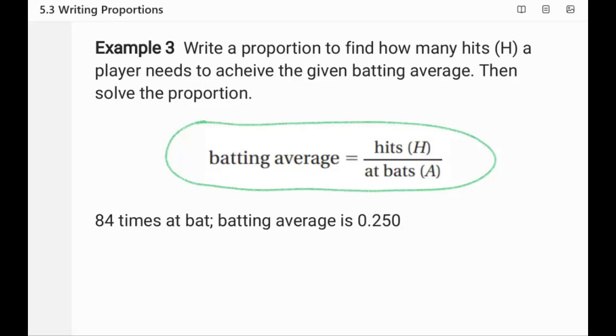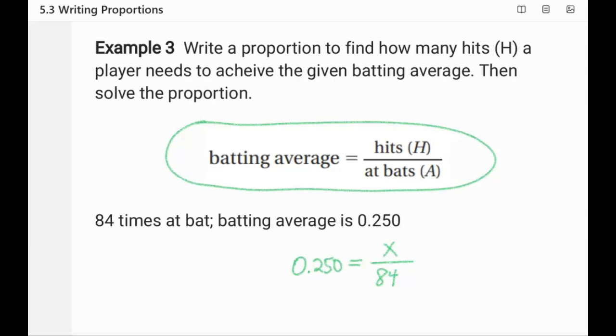So if we're given that the baseball player has 84 times at bat, that's the denominator number right here, so 84, and then the average is 0.250. So what we're looking for is the number of hits that this baseball player actually had.